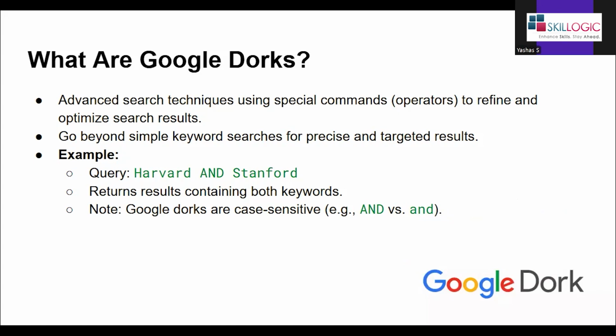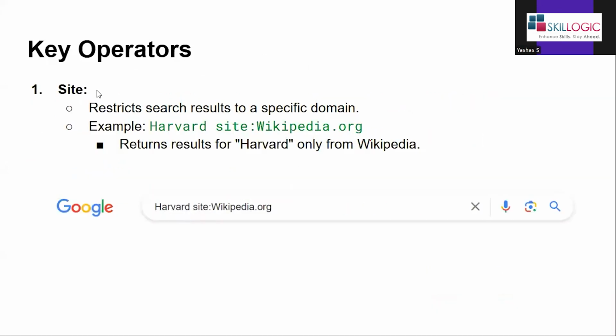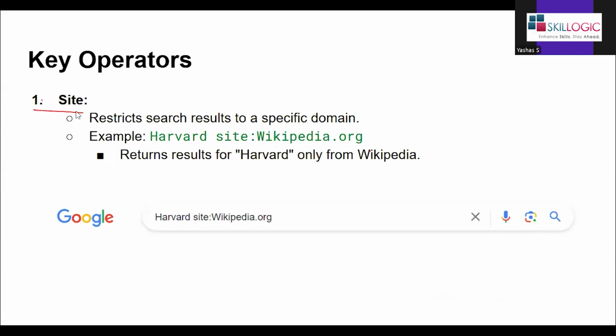First, let's look at a couple of basic operators quickly to understand how we can work with them together. We have the site operator. The site operator allows us to perform a Google search that will only return results hosted on a designated site.